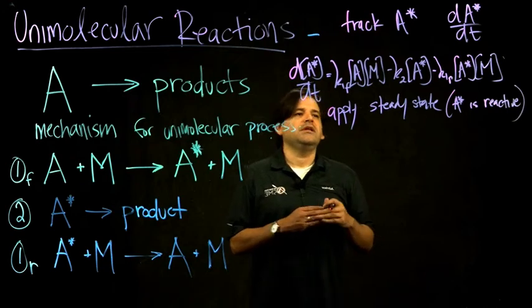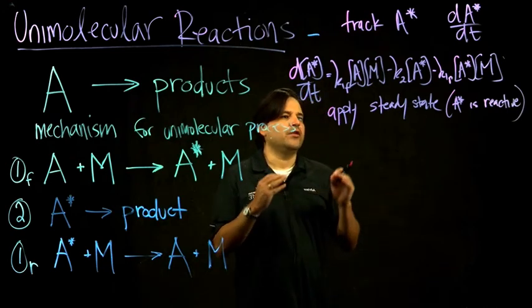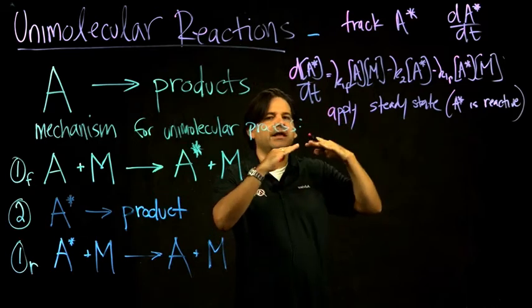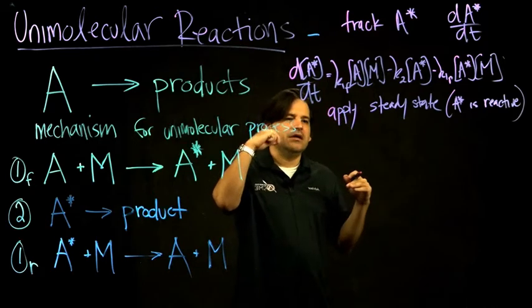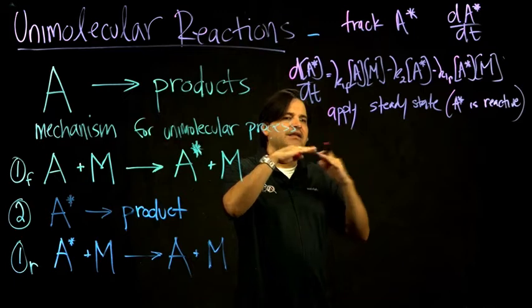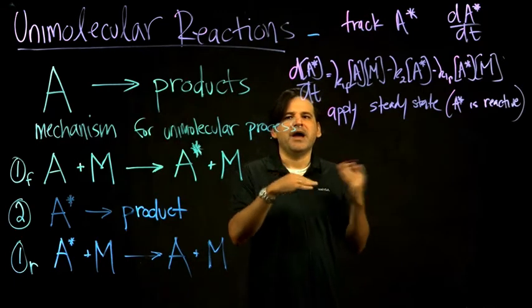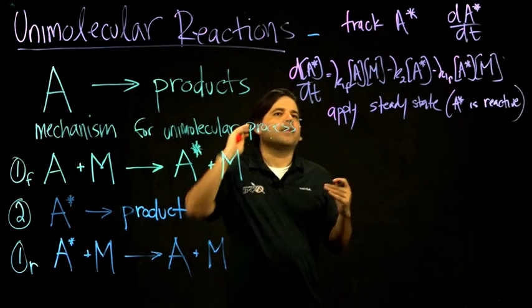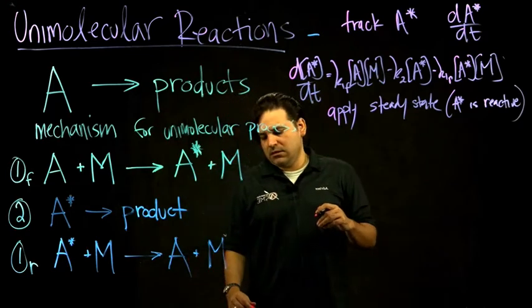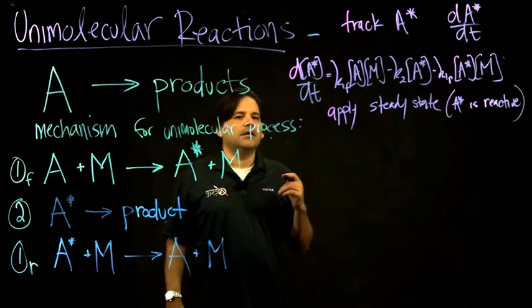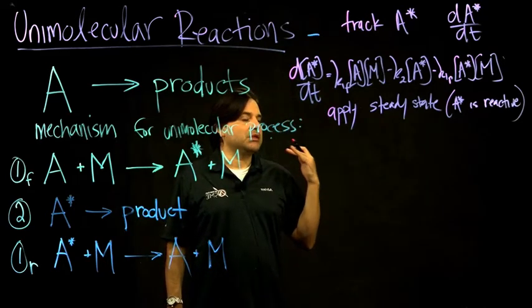We'll see how this works: there's some period of accumulation, and then it reaches a steady state where it reaches a concentration but then stays at that same concentration because it gets consumed and produced in balance. That depends on the radical and the specific conditions.